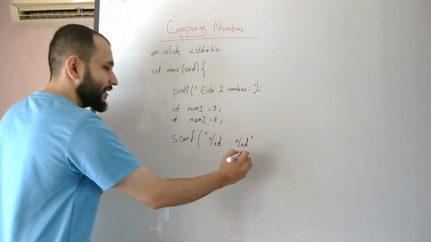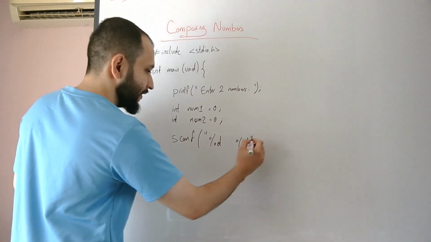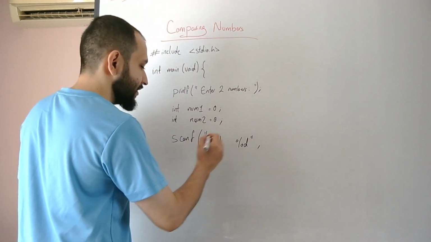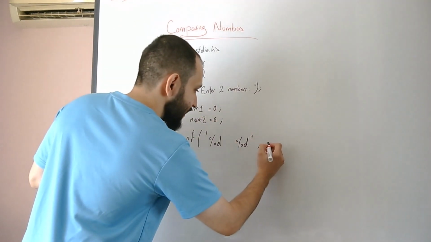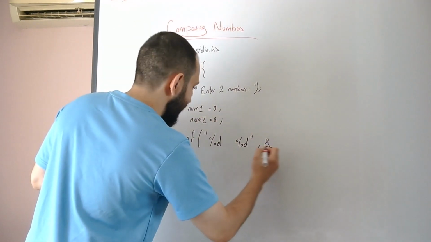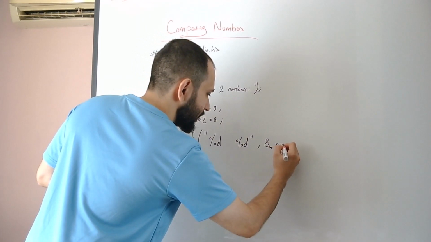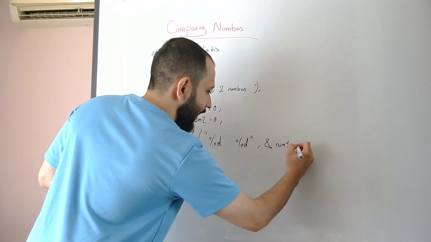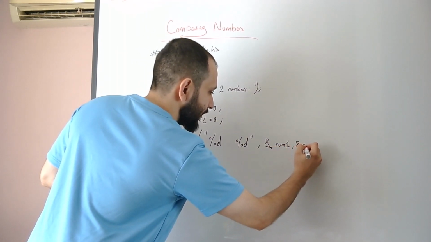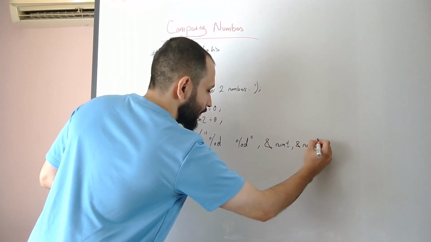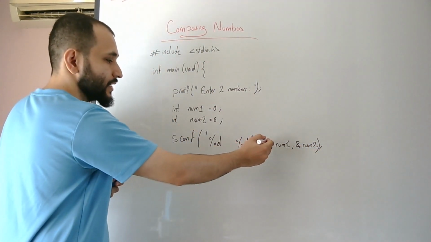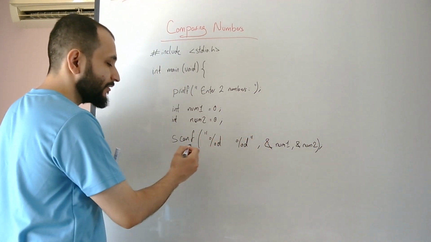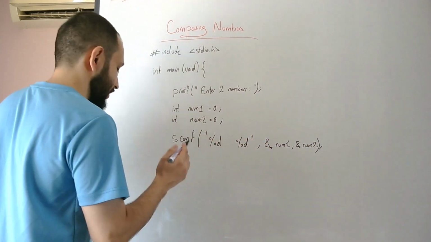This is the format that we are specifying for scanf, and scanf is going to get those numbers and store them in the variable num1 and in the variable num2. And always remember that we use the address operator whenever we are using the scanf function.